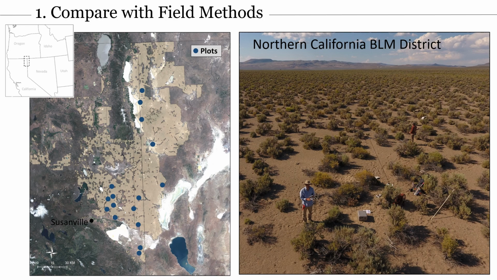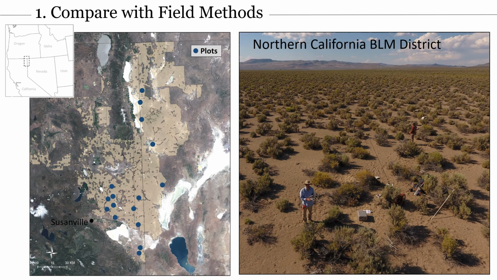So the first step is to continue doing studies where we compare imagery and field indicator results. As an example, I did a study in the Northern California BLM district, which is outside of Susanville, California. On the map, you can see several blue dots. These are range monitoring plots. In fact, they are actually BLM AIM plots, which stands for Assessment, Inventory, and Monitoring.